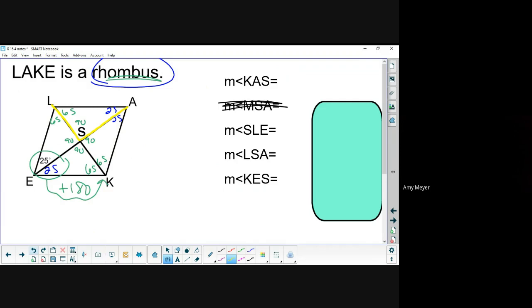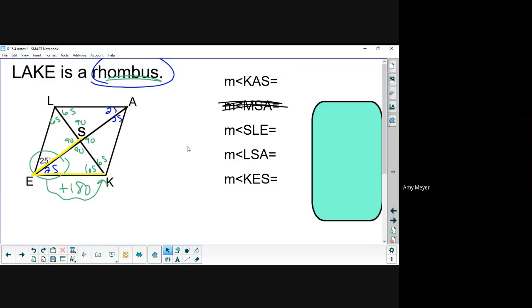Your last one is KES, 25. I can tell for a lot of us, this is getting easier, picking out an angle when it's given 3 letters. Any questions on this one? I get it now. I took a perpendicular now.